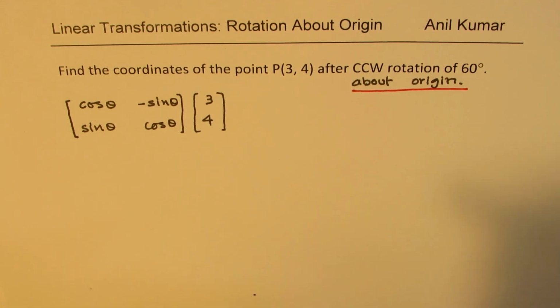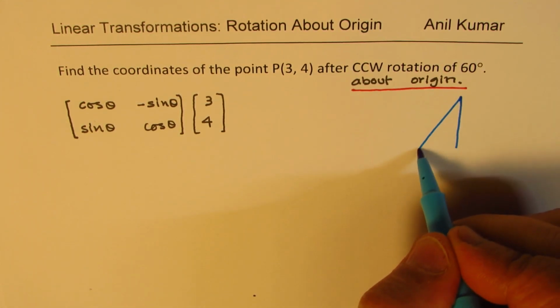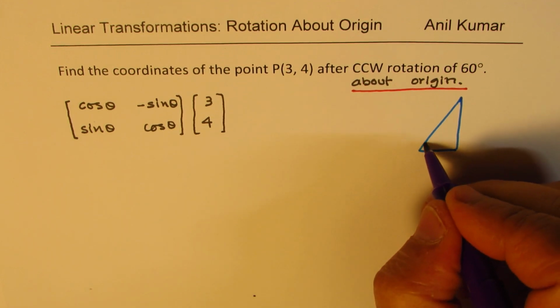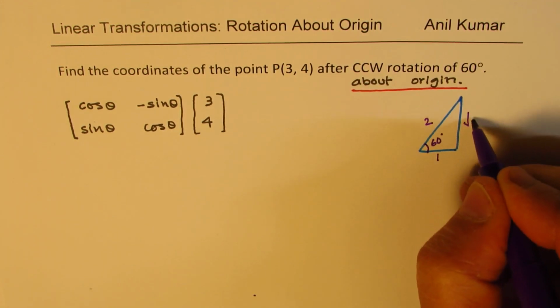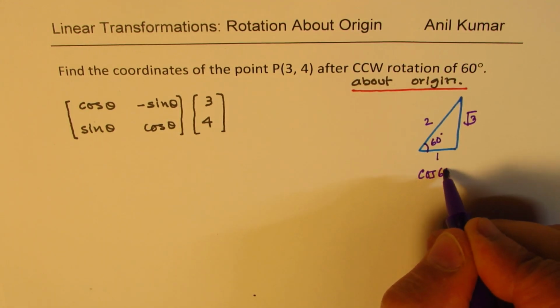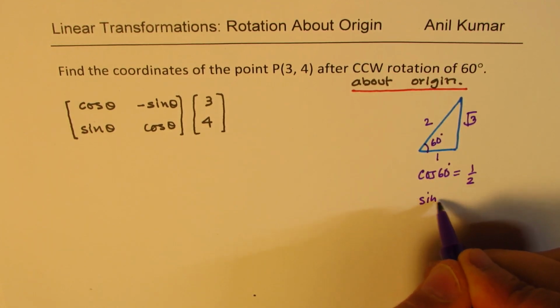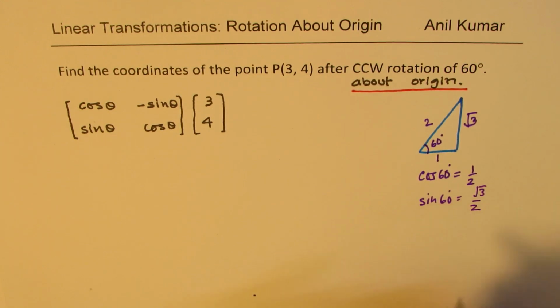One approach could be to look into the angle, which is 60 degrees. So here is my 60 degrees triangle, with sides 1, 2 and square root of 3. In this triangle, we know cos of 60 degrees is half, and sine of 60 degrees is square root 3 over 2.